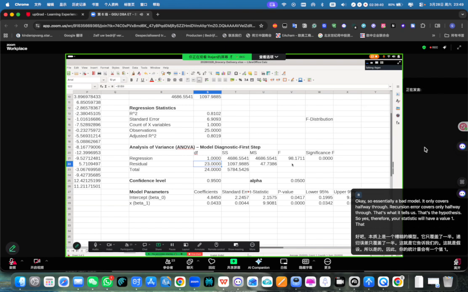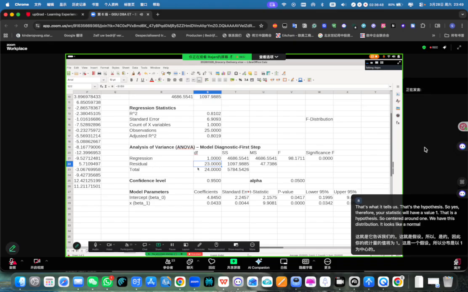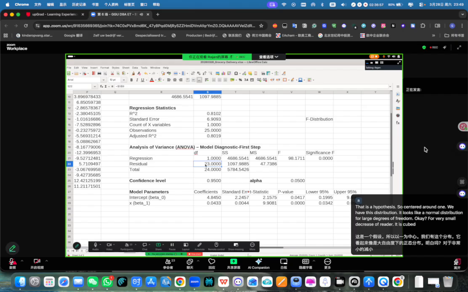So centered around 1, we have this distribution, which looks like a normal distribution for large degrees of freedom. For very small degrees of freedom, it looks like a skewed normal distribution.